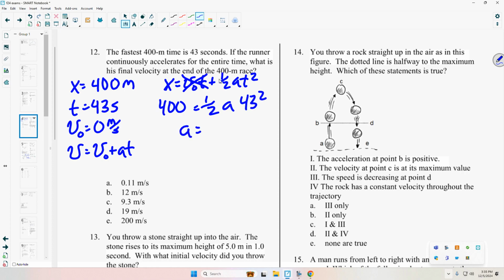I solve that for a, and that's 800 divided by 43 squared, which is 0.43 meters per second squared. And then the final velocity would be equal to 0 plus 0.43 times the time, which was 43 seconds, which is, what was it, 19? Yeah, 19.